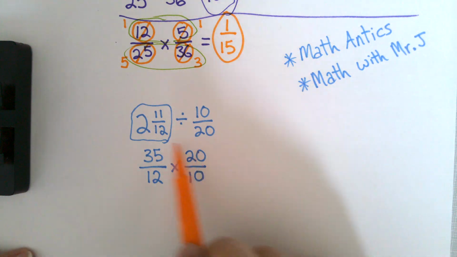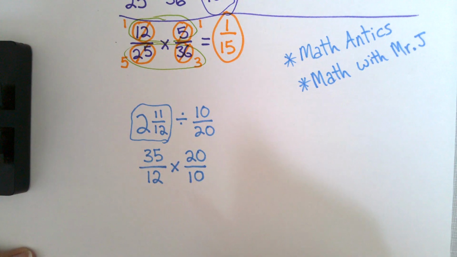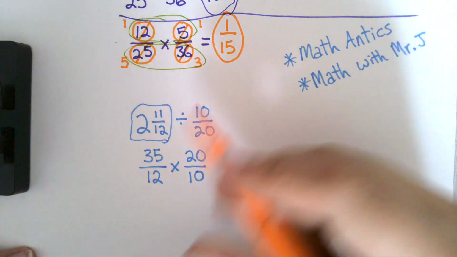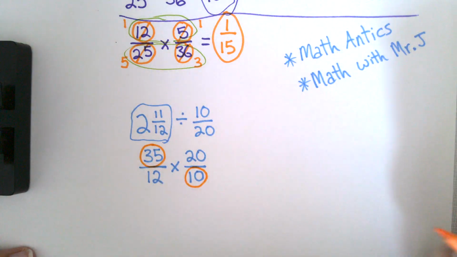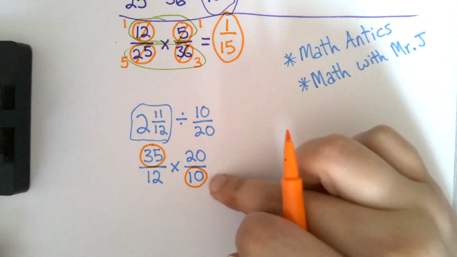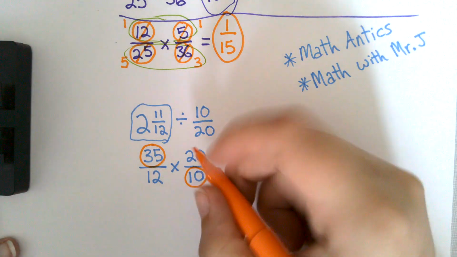So we're looking on the top row and on the bottom row. I see the 10 and the 35, and I recognize that both of those could have been divided by 5. You may also have done the 10 and the 20. Both of those would have worked.